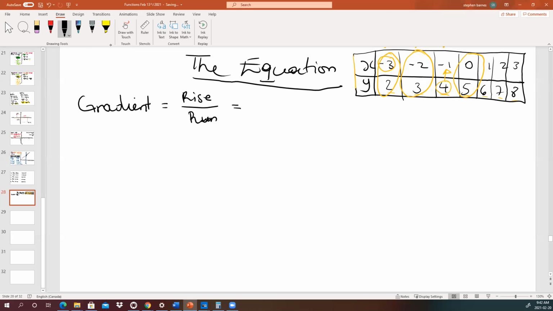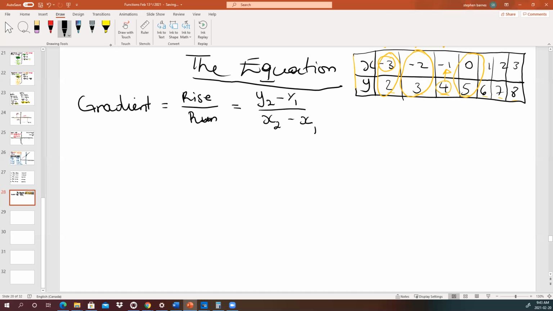But since we're going to find the gradient and the intercept without the graph right now, with just the function, we're not going to use rise over run. We're going to use the expounded version of rise over run, which is y2 minus y1 all over x2 minus x1. So this is the formula for gradient that we are going to use.